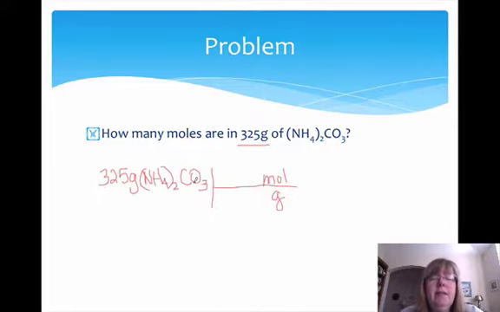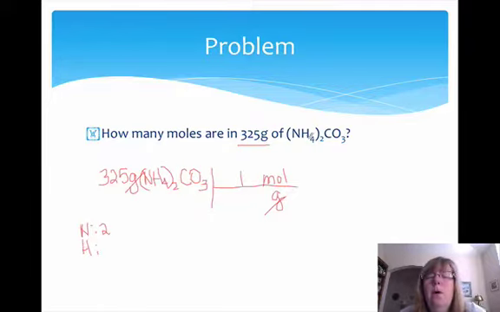So we write down what's given, we immediately put grams down here so it will cancel, put the 1 with the mole, and now we have to come up with the molar mass of ammonium carbonate. And so we take attendance. That 2 distributes all the way through the parentheses. We have 2 ammoniums. So how many nitrogens do we have? We have 2. How many hydrogens do we have?